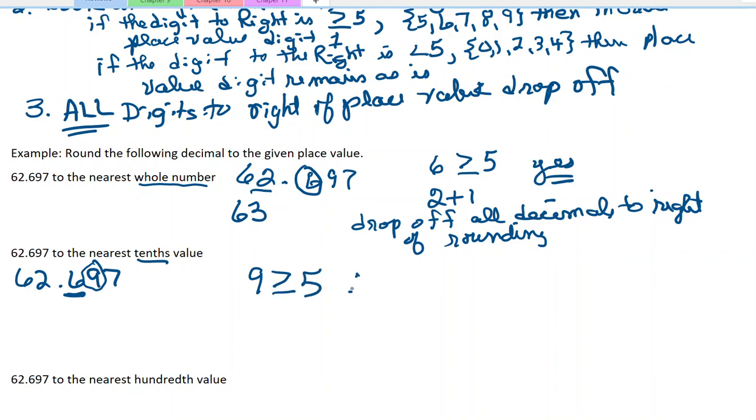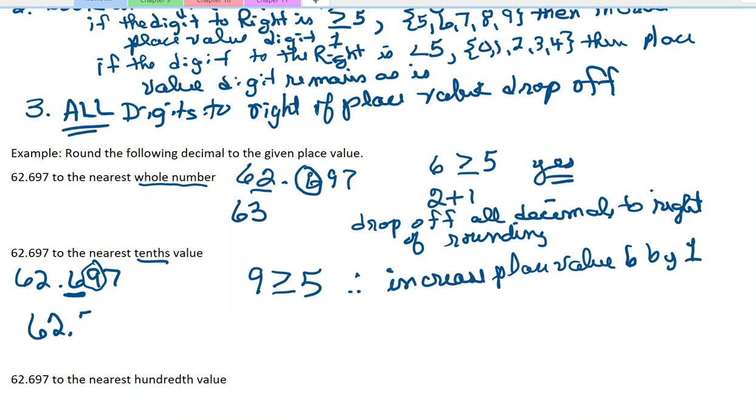Therefore, we're going to increase the place value 6 by 1. And it makes it a what? Yeah, a 7. So I'm going to rewrite it as 62 and 7 tenths.